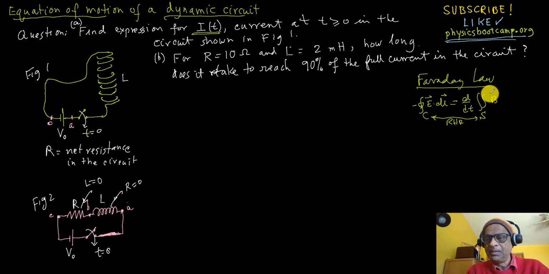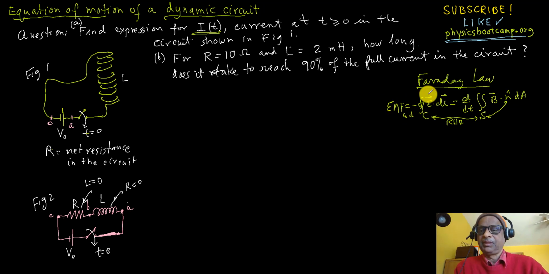And then you have B dot n hat. So this surface and this n hat are related by the right-hand rule, dA. And this whole thing, because I pulled the minus out here, you can call this the EMF induced in the circuit. So this is the Faraday law, and we've been working with this in various problems.